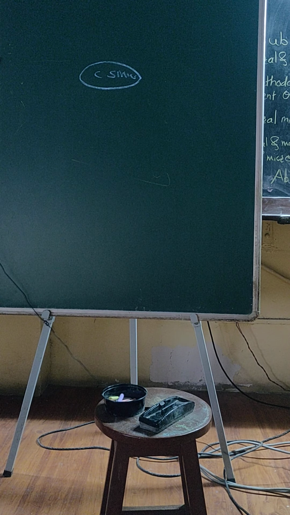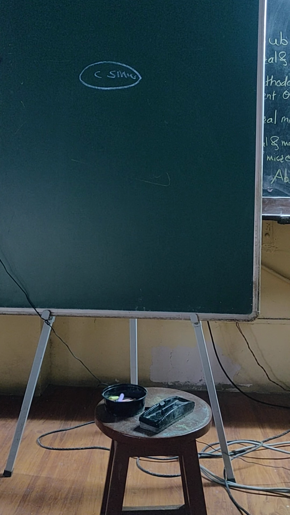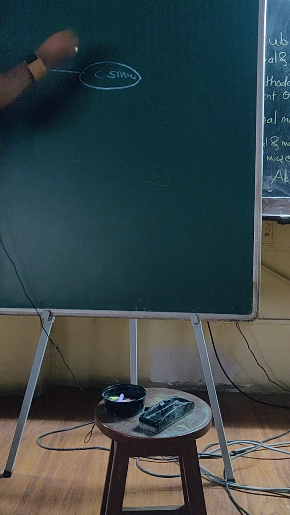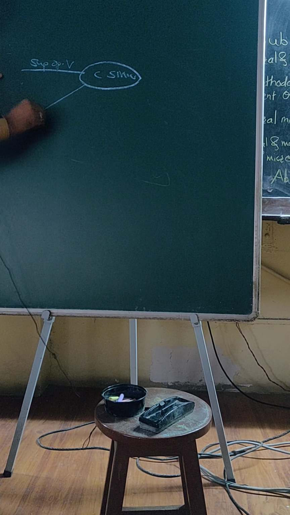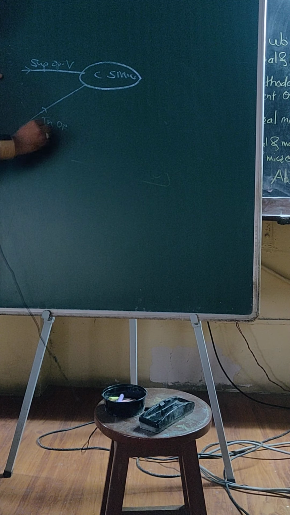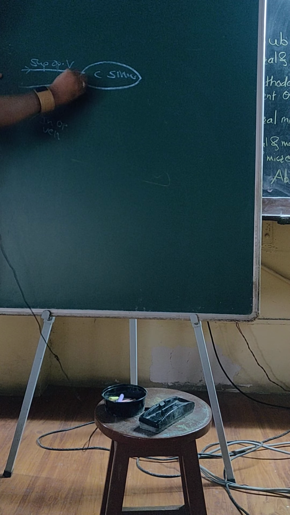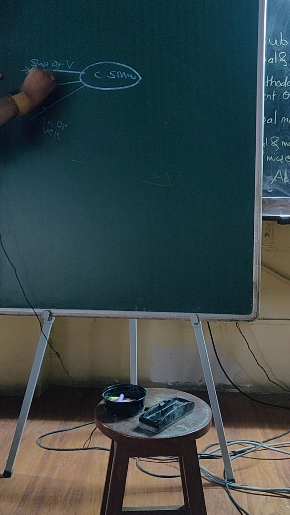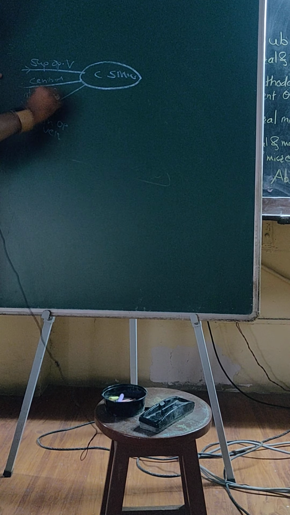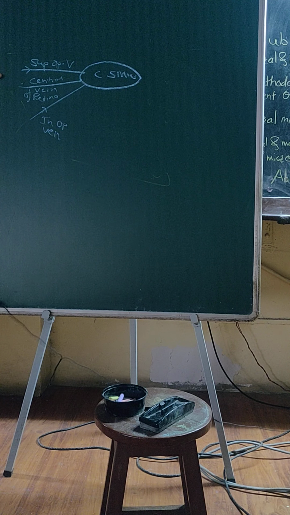Tributaries, draining channels and communications. There are 3 different things. There are some communications, there are some tributaries. What are the tributaries? Superior ophthalmic vein, inferior ophthalmic vein, central vein of retina.